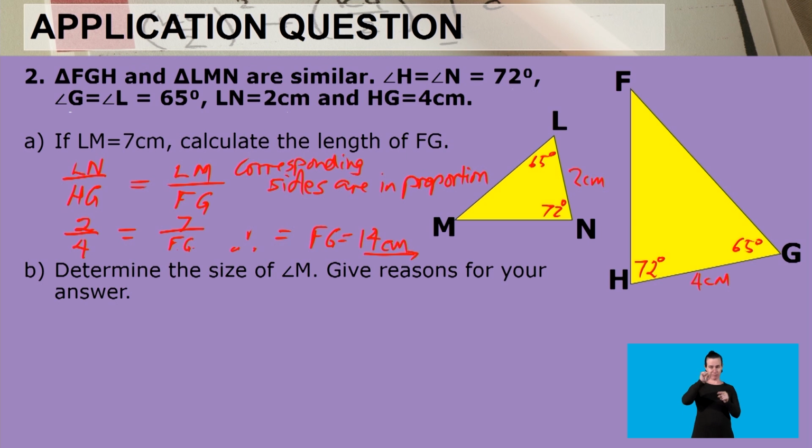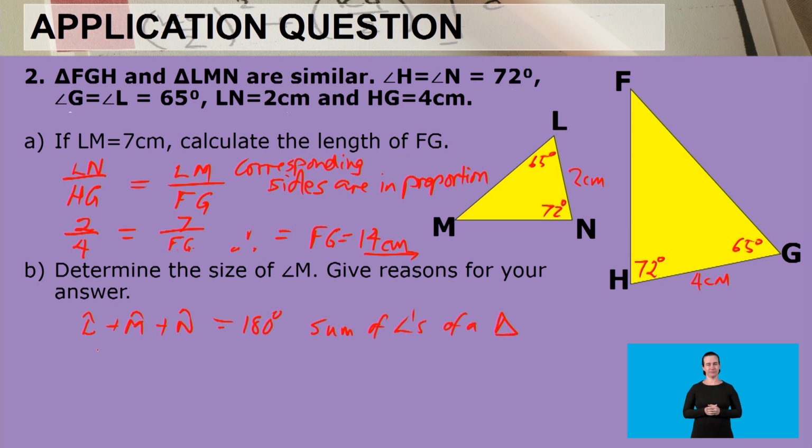What we know about a triangle is that angle L plus angle M plus angle N should give me 180, because this is the sum of angles of a triangle.